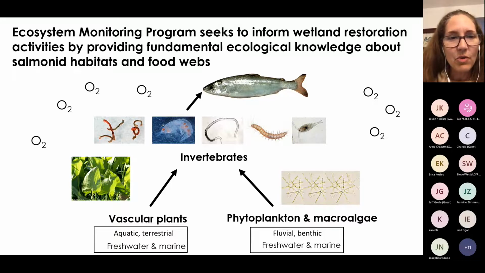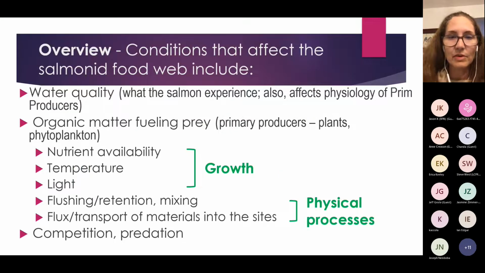But really, we're thinking about what goes into the fish in terms of the food web, the prey items, and then the primary producers that feed the invertebrate prey, to understand how the base of the food web is operating based on conditions with river flow and temperature and all of that. So we move up from biogeochemistry and abiotic conditions all the way up to what's getting into the fish. And our goal is to really understand what the fish experience and what they're able to eat. And that's where we work together.